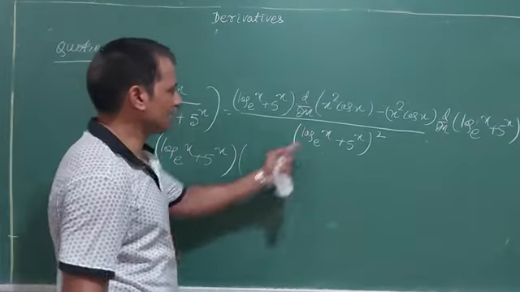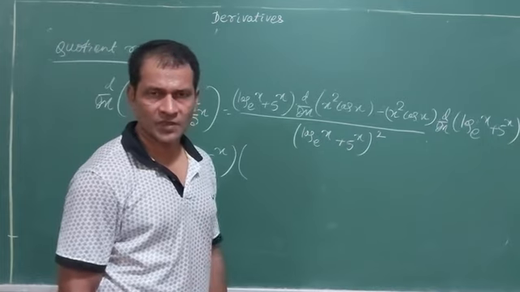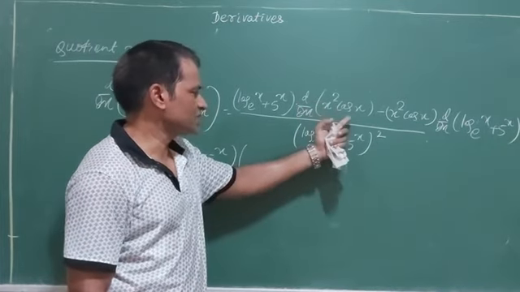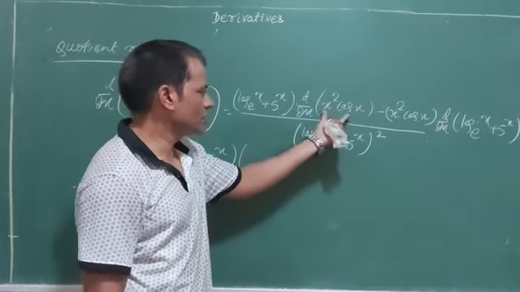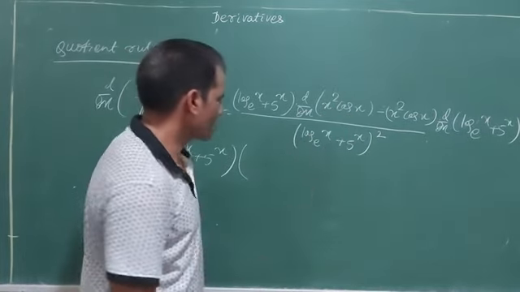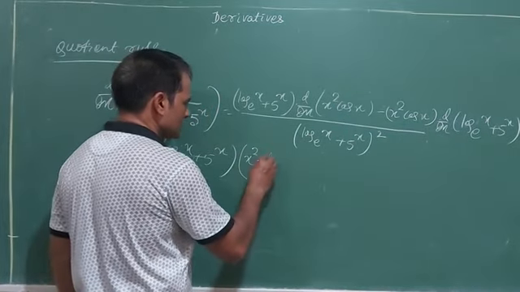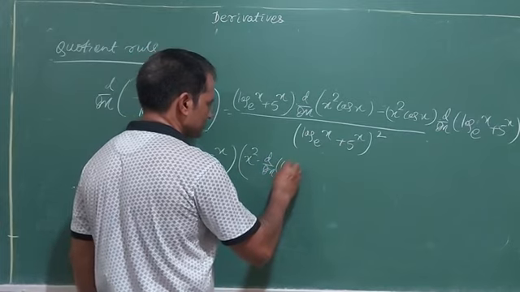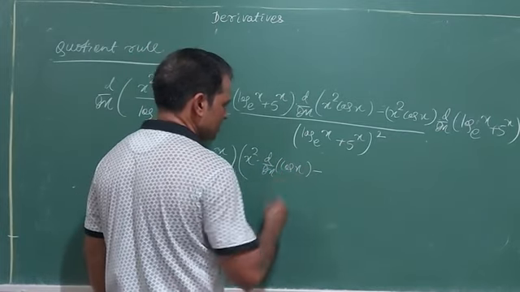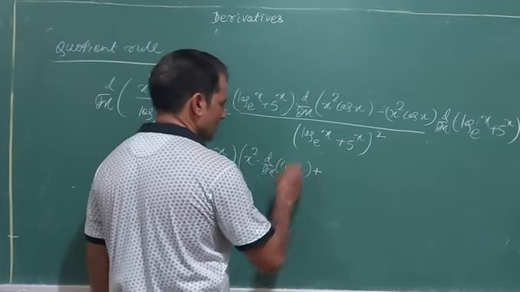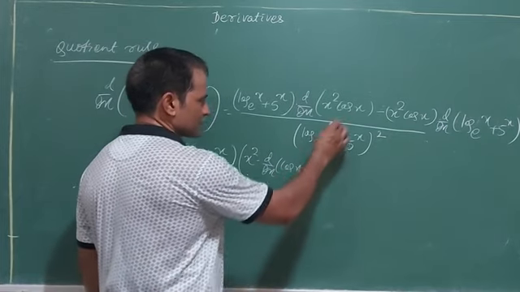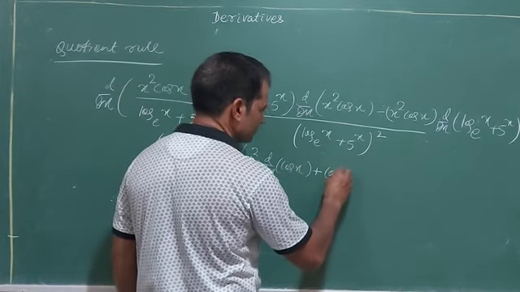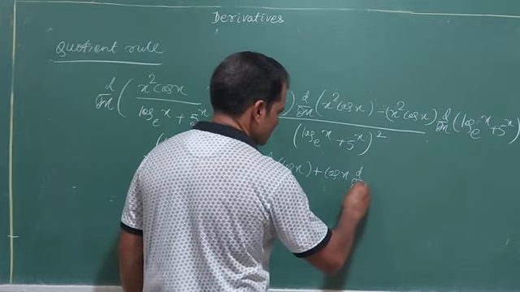I can see that there are two terms in the numerator, both variable terms. So differentiate them with the product rule: x square into d by dx of cos x plus cos x into d by dx of x square.